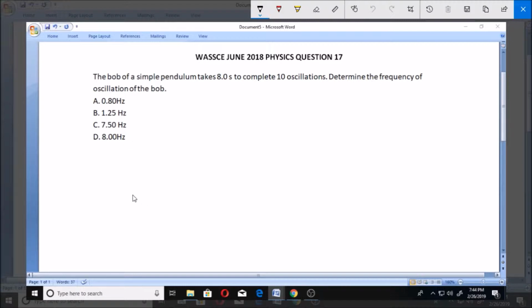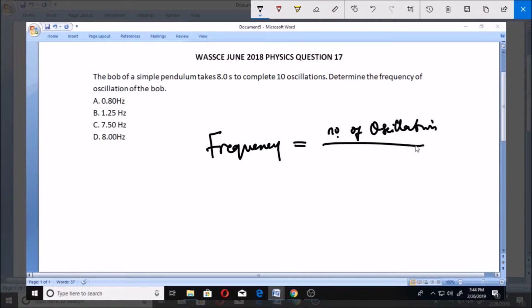Now, for us to understand this very well, we know that frequency by definition is simply the number of oscillations per second. So number of oscillations over time is frequency.